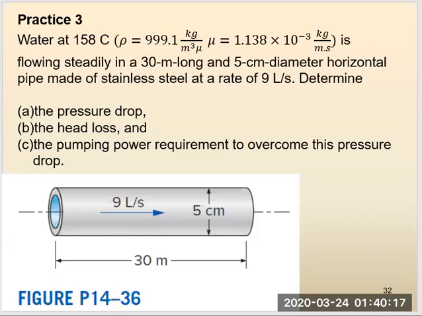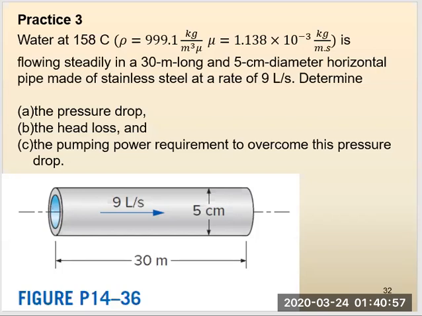Water at 158 degrees Celsius, with density of 999.1 and dynamic viscosity of 1.138 times 10 to the negative 3, is flowing steadily in a 30-meter long and 5-centimeter diameter horizontal pipe made of stainless steel at a rate of 9 liters per second. What is the pressure drop, the head loss, and pumping power requirement to overcome this pressure?